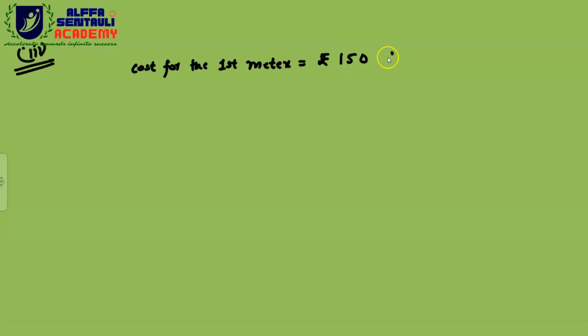Rupees 150. This is fixed beta. This is not going to change, right? Now you are taking your first term as constant. Now the cost per meter will be what? Rupees 50. You have to add rupees 50 for each meter, right?